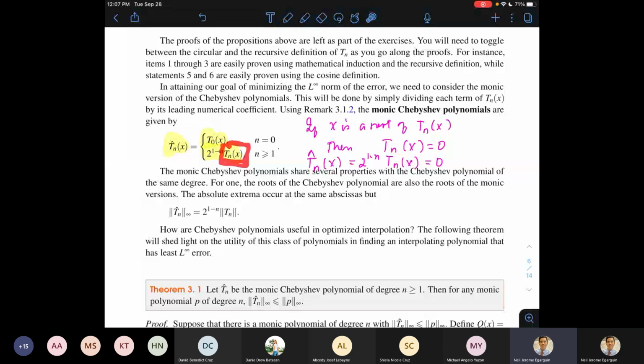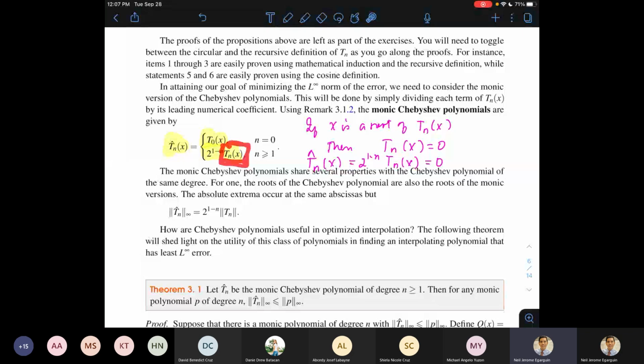So ibig sabihin, the maximum value of t hat is 2 to the 1 minus n, and its minimum value is negative 2 to the 1 minus n. Kasi na-scale lang silang lahat. But the places where those maxima and minima are attained ay yung pa rin, yung mga c sub j's kung saan natin nakuha yung maximum at minimum ng Chebyshev polynomial. Okay? So I hope those basic facts about the Chebyshev polynomials are clear.